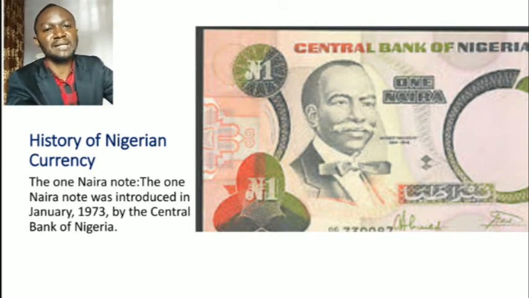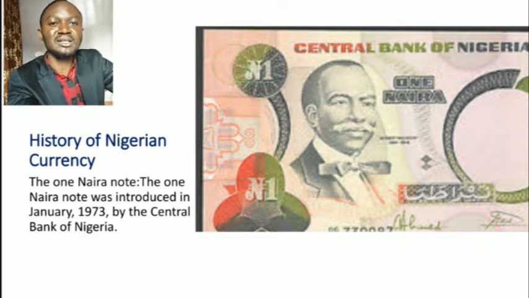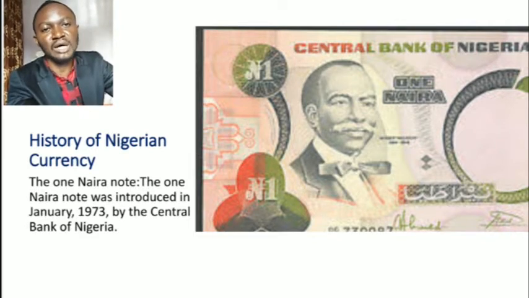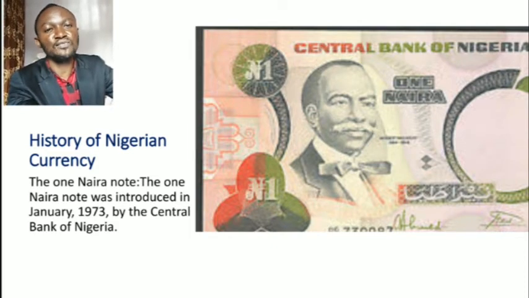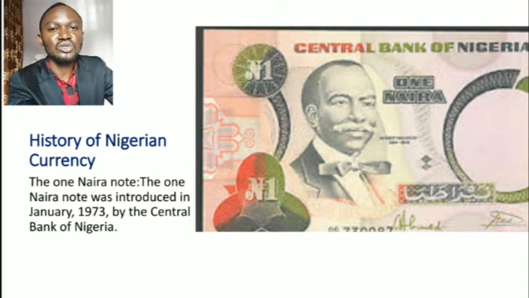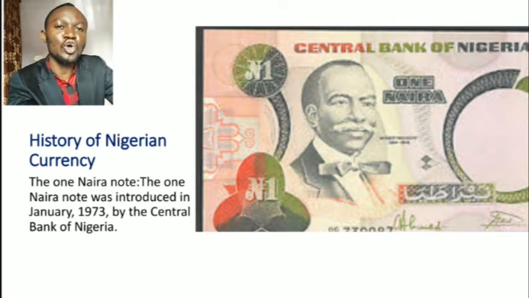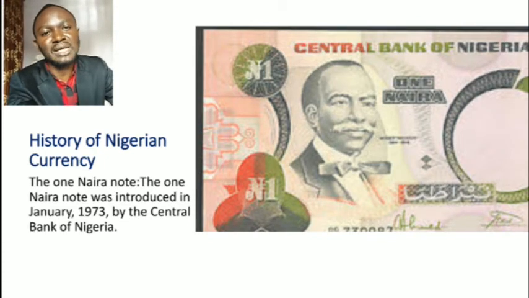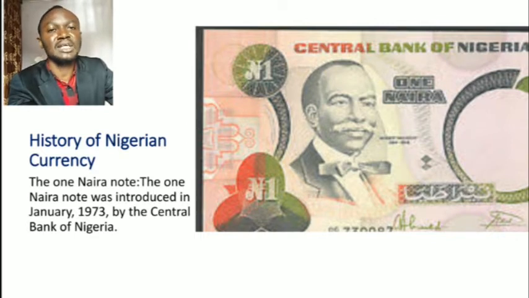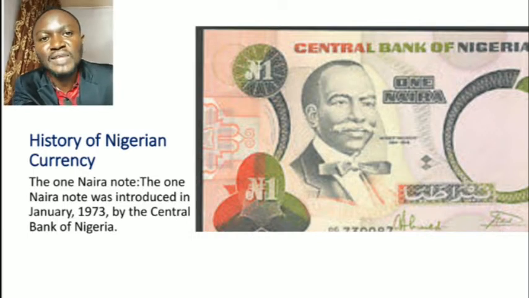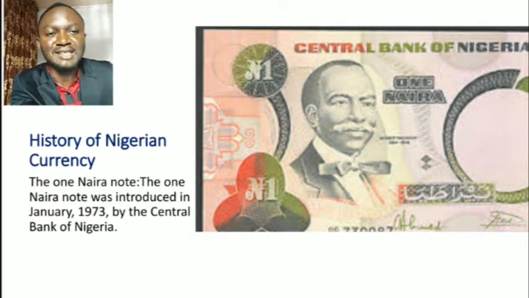I told you that Herbert Macaulay was the grandson of Bishop Ajayi Crowther, and the first to establish a political party called the Nigerian National Democratic Party, NNDP, in 1923. He is often described as the father of Nigerian nationalism.